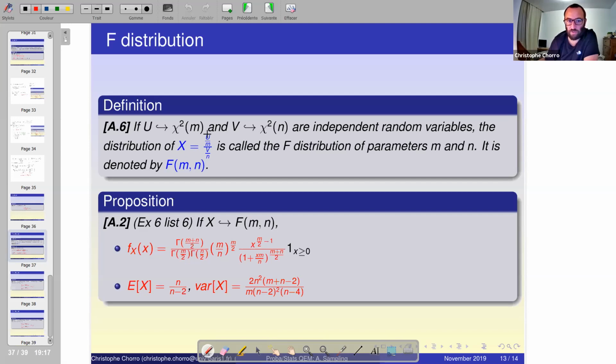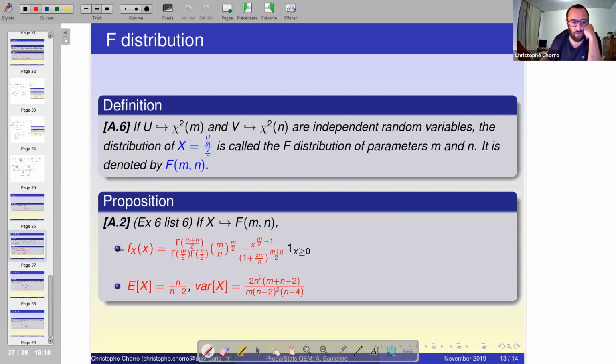As the ratio of U over m and V over n, where U and V are two independent random variables, where U follows the chi-square of parameter m, and V follows the chi-square of parameter n. And you have proved during the homework that this kind of random variable, that is a positive random variable, has this density function, and that we are able to deduce its expectation and its variance. But for me here, my F distribution will be the ratio of two chi-squares.